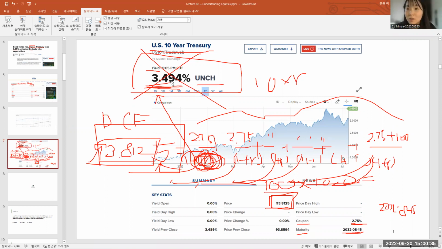Professor, I have a question. Uh-huh. I was wondering about the relationship between the yield to maturity and the market interest rate. Are these two the same or is there some difference? No, price and the market interest.